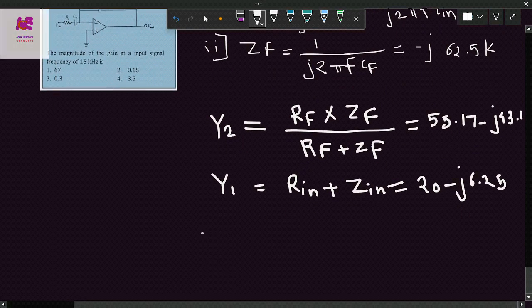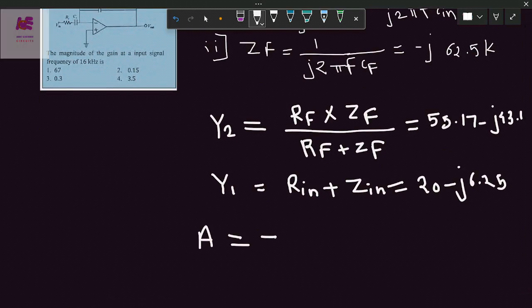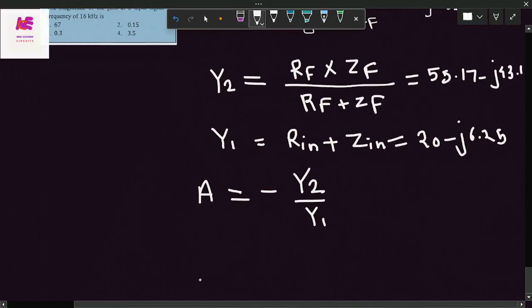Now, this is an inverting amplifier, so the gain is negative Z2 upon Z1. But what they asked is the magnitude of the gain.